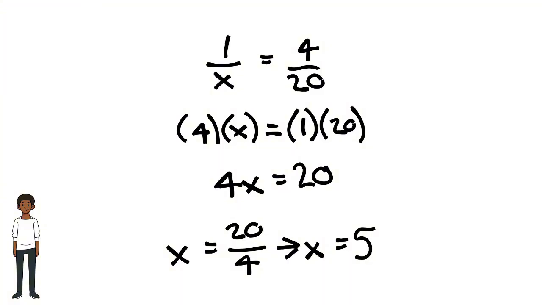Step 6. When you have two equal fractions, you have a proportion, and you can solve it by cross multiplying. Multiply along the diagonals. 4 times x equals 4x, and 1 times 20 equals 20. This gives a linear equation of 4x equals 20. Dividing both sides by 4 gives us x equals 5.